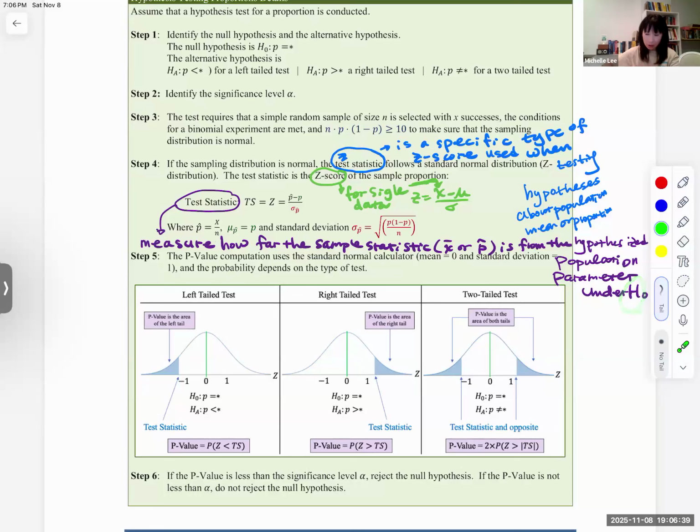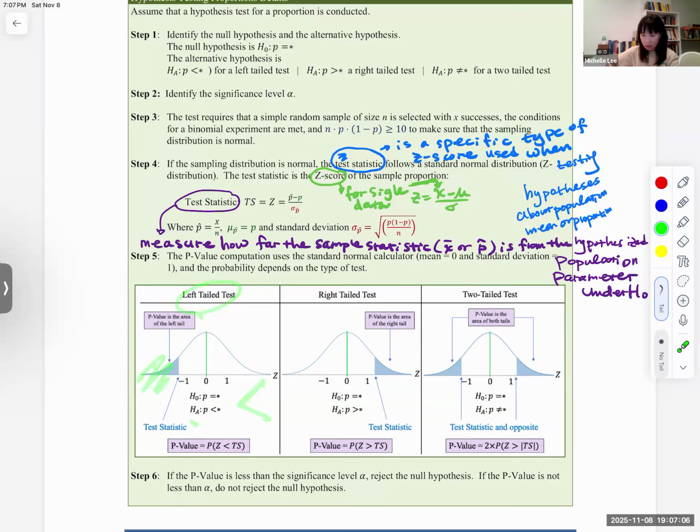So we have the left tail test, the right tail test, and the two tail test. We indicate the left tail test with a less-than inequality, because it's the left side.